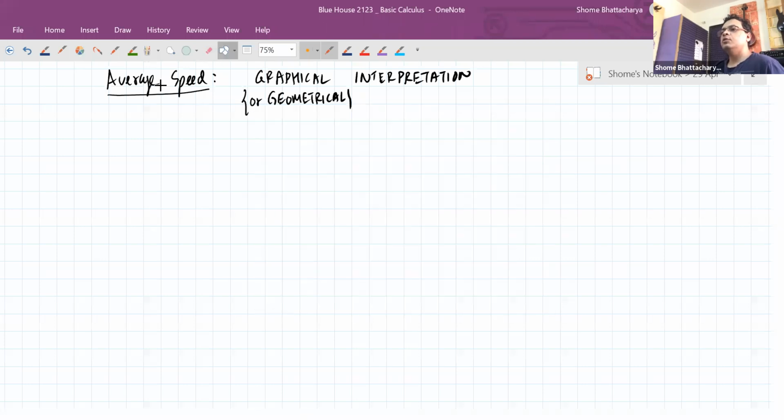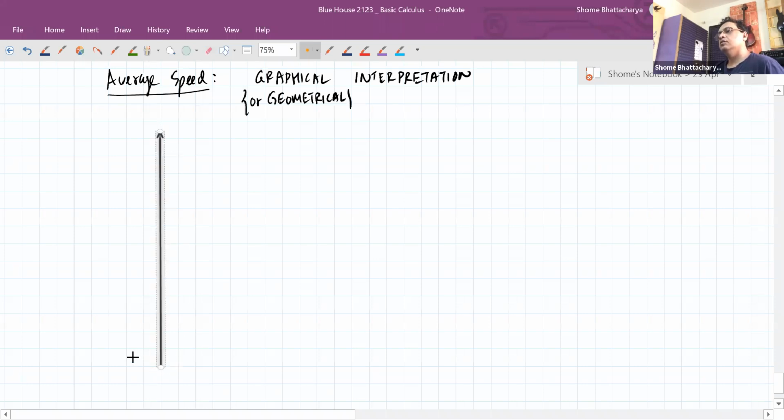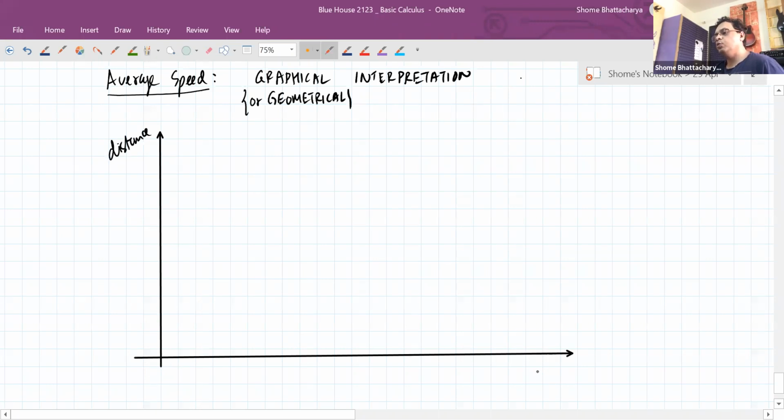So let's first talk about average speed, then we'll come back to instantaneous speed. It would be a secant, I guess, right? Between two far away points. Yes, very good.